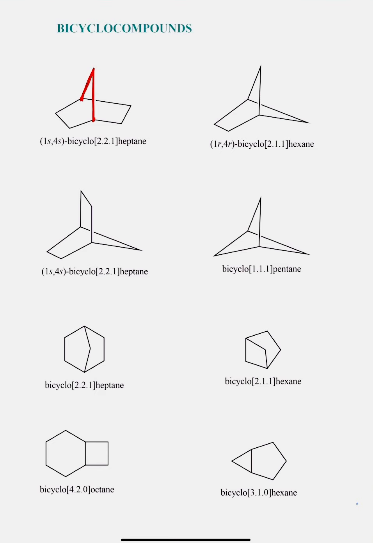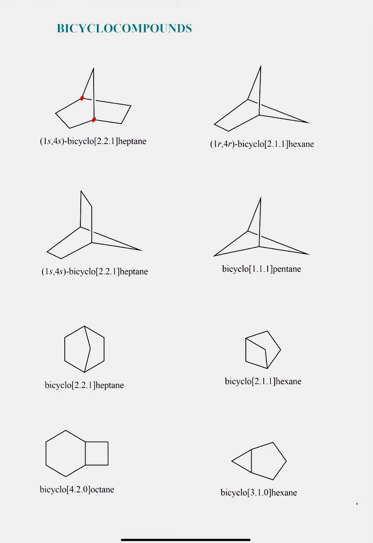Now, how to identify the bridgehead carbons? It's quite easy. Look at the carbons which are attached to 3 edges, and look at all the rest of the carbons, they have only 2 edges. That is how we identify the bridgehead carbons. After identifying the bridgehead carbons, we now look at all the bridges attached to the bridgehead carbons.